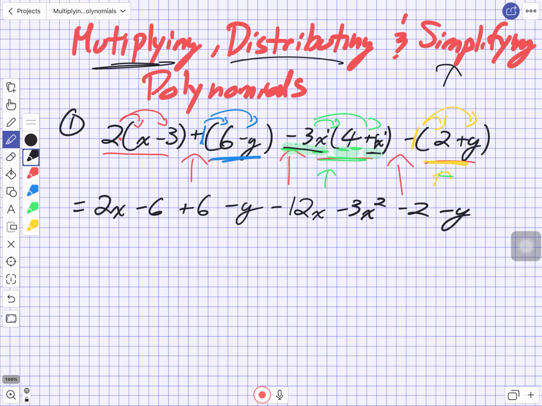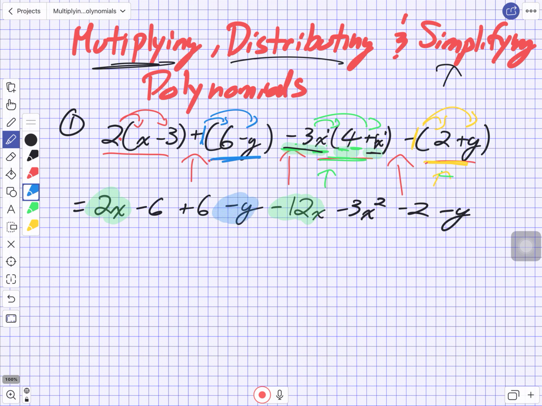So we're going to collect like terms. We have 2x. We're going to look for other variables of x to the power of 1. Do you see any? Negative 12x? Yeah, and it's not just 12. Make sure you get that negative in there, because that negative lets you know that you actually have to take 2x and subtract 12x from it. Okay, so keep that in mind. The next major variable I see is a y. We'll do it in blue.